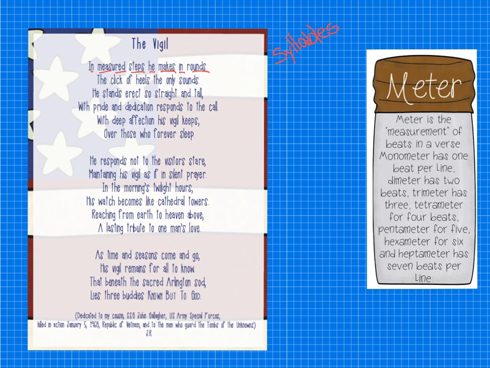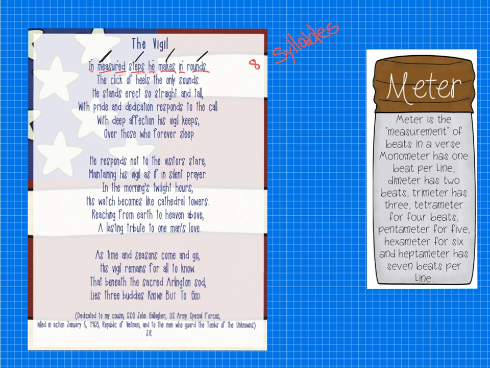I count 1, 2, 3, 4, 5, 6, 7, 8 syllables. So this first line has 8 syllables. But here's where the beat comes in. You notice how when I say each word, or when I read each syllable, it's like I put a little more stress or emphasis on it. In measured steps, he makes in rounds.